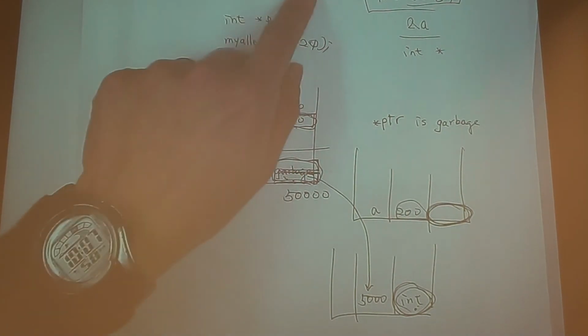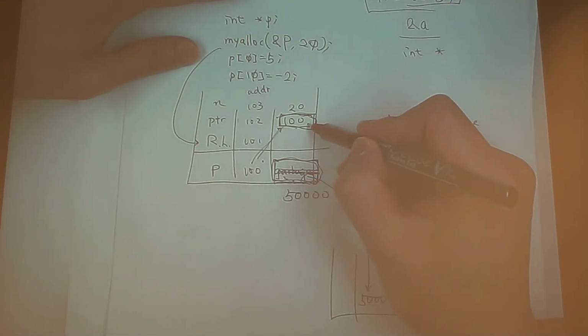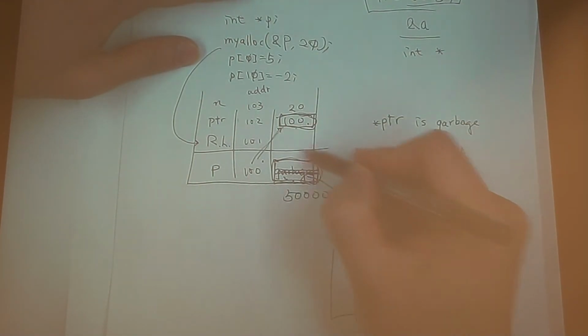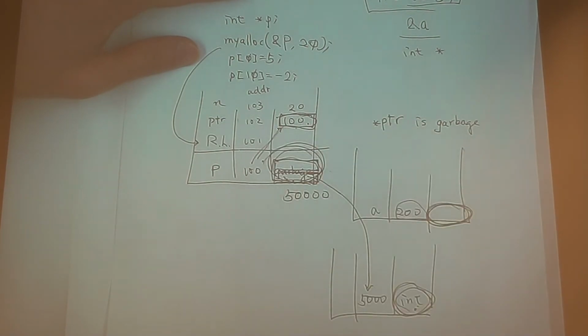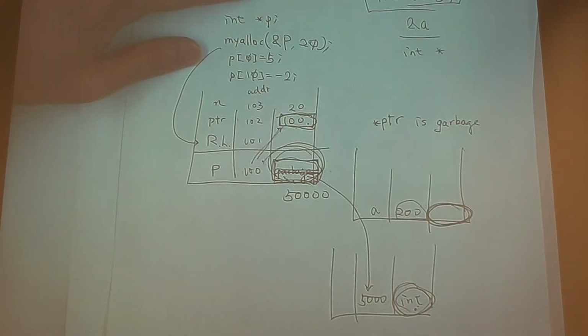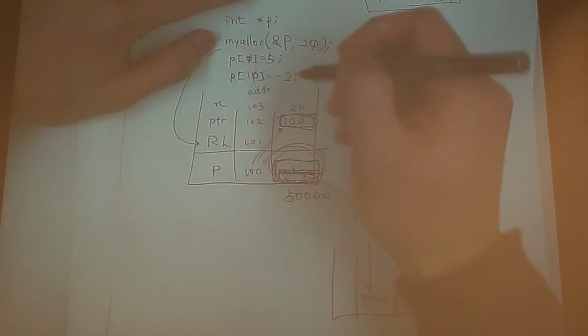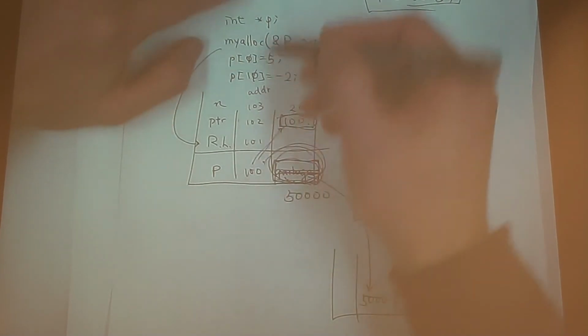If you don't put a star, PTR is 100. You want to treat this one as an array. You will get P actually, but that's not what you want to do. 0 is okay. If you put 1, it's problematic. In this function, the p of 0 and the star ptr of 0 is the same thing? P of 0 and star PTR, yes.